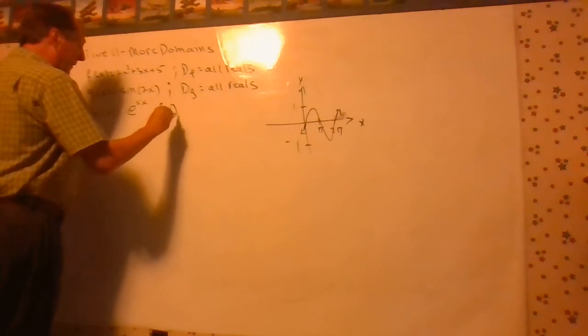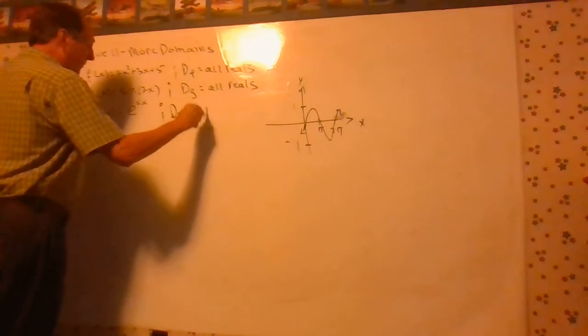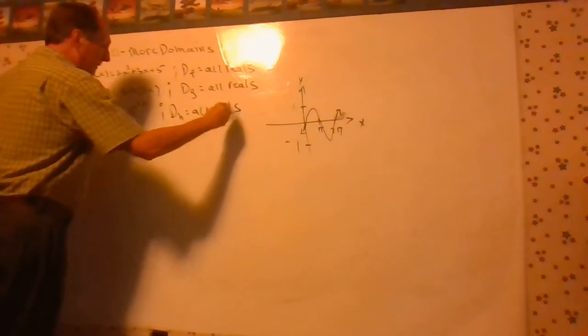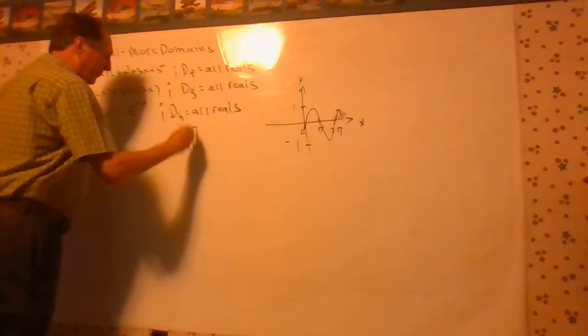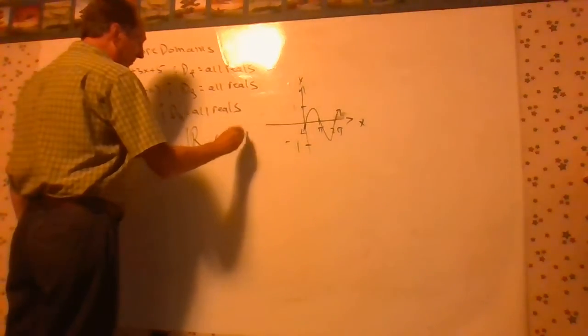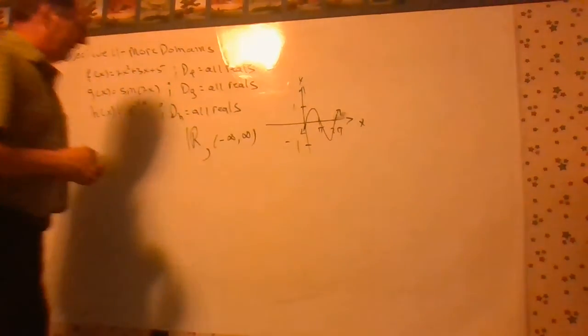So h of x equals e to the x, same thing. The domain of h is all reals. Of course, there are other ways to specify this. We said all reals is R with a line through it, and you also can say negative infinity to infinity, either way.